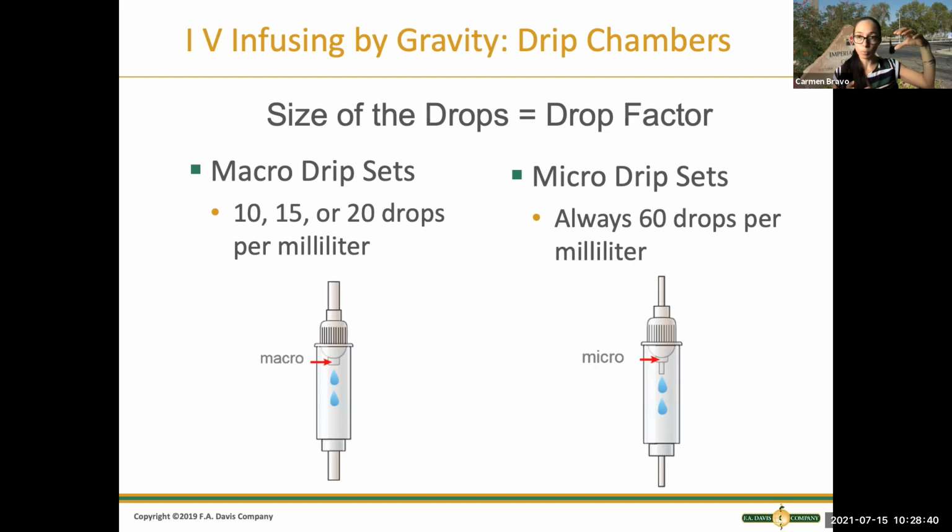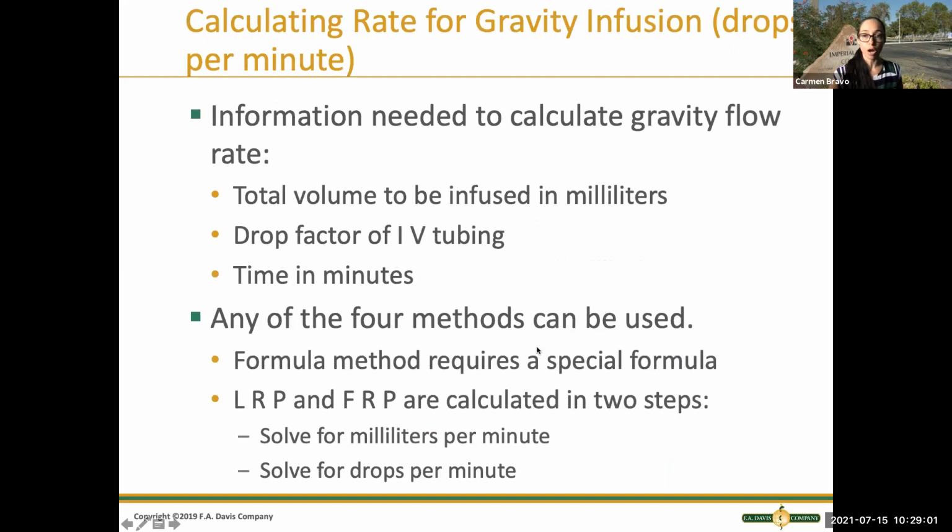When you see the tubing, it says there the drip rate. It will tell you how many drops per mL. So it's important that you read that and that you know that. It's a huge difference, 20 to 60 drops per mL. So it's a lot. Okay, so those are the 2 different types of sets that we have for drops.